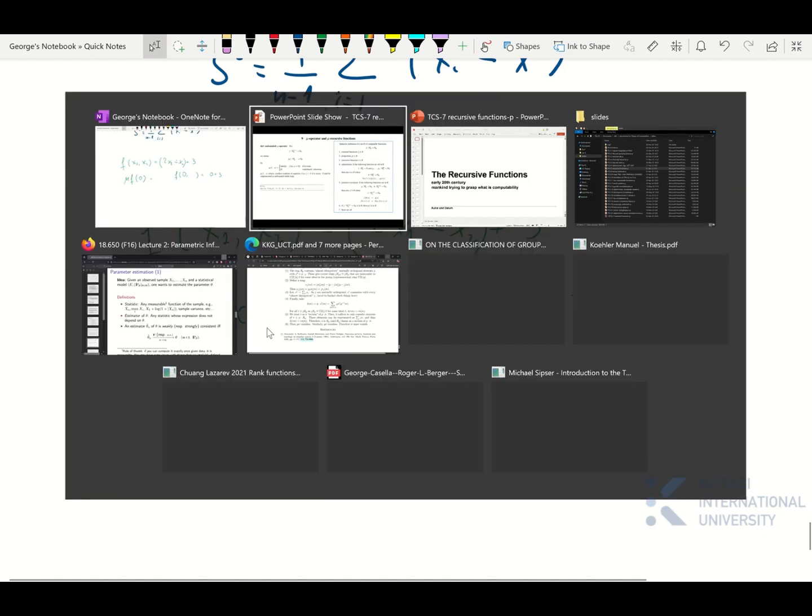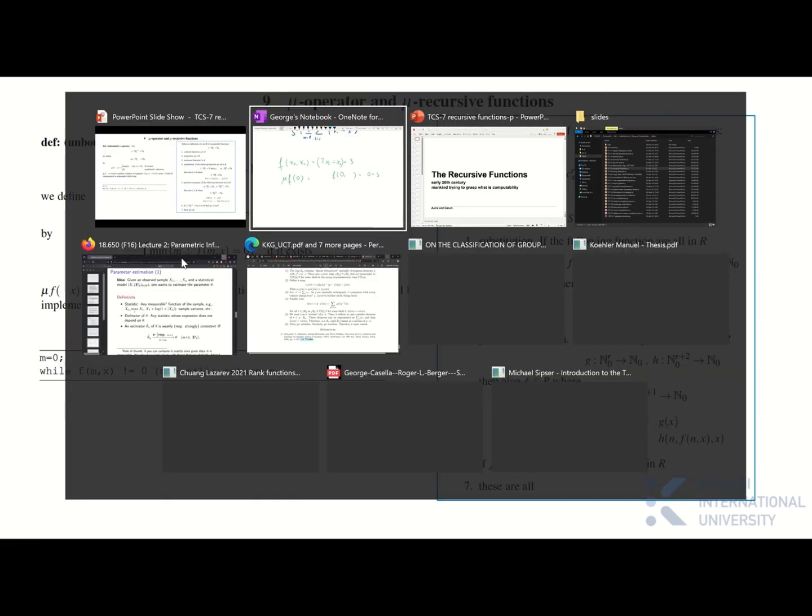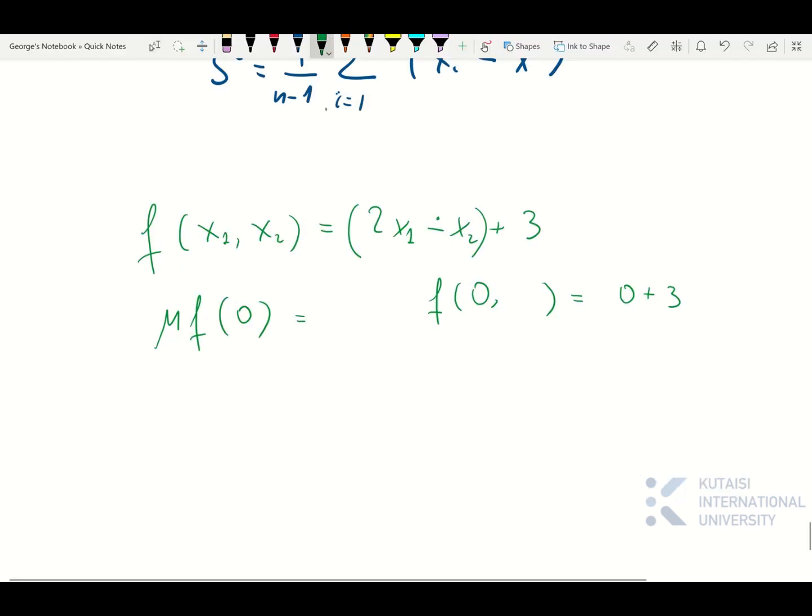Unbounded mu has no b underneath, unlike the bounded one. So I'm looking at fmx, checking if it is 0 and finding the smallest such. First I plug in 0 and 0: it's 0 plus 3, so it's 3. So it's not 0.